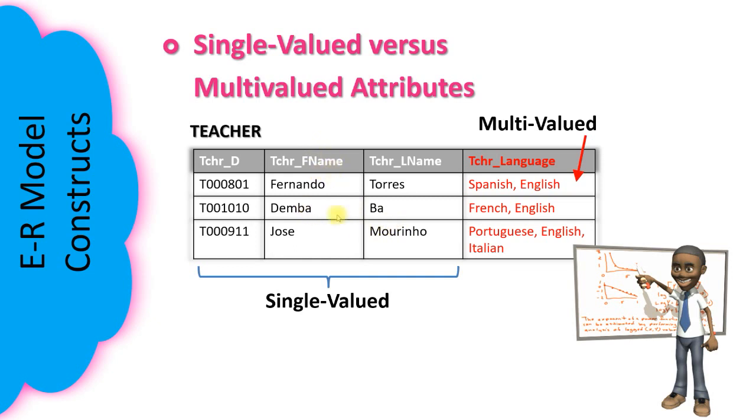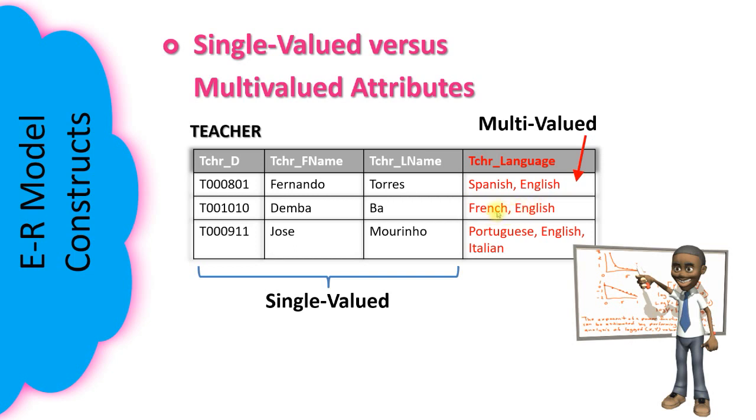There are three instances there. We have Fernando Torres, Deco, Jose Mourinho. As an instance, Fernando Torres may be able to speak more than one language. So in this case, language is a multi-valued attribute. Same thing goes for Deco. He may be able to speak French and English.